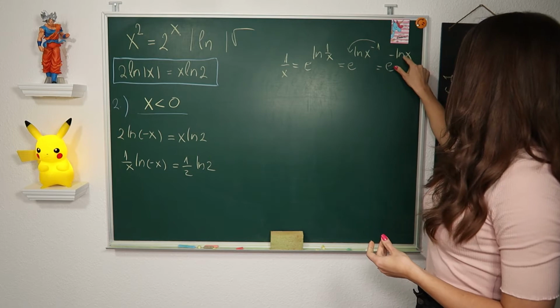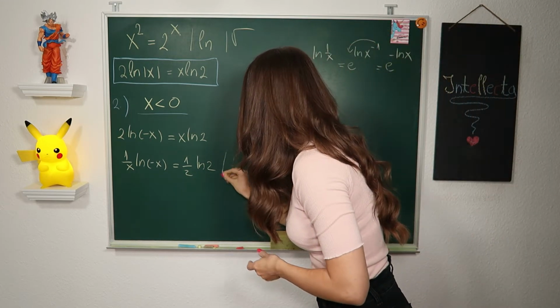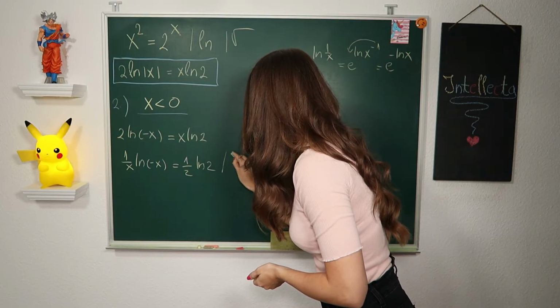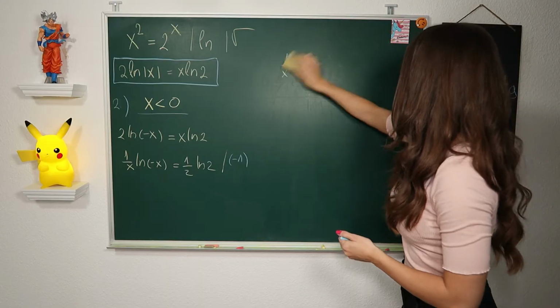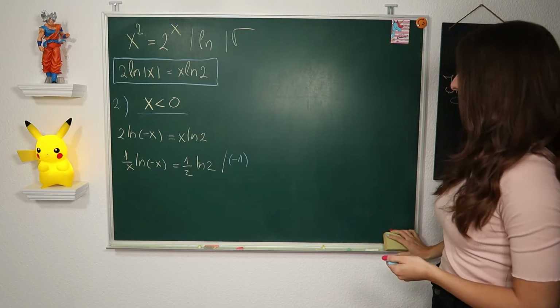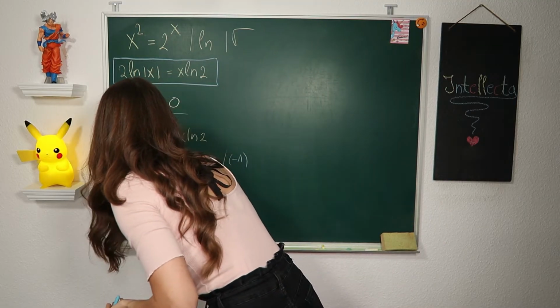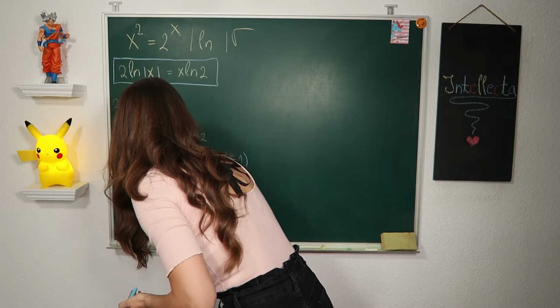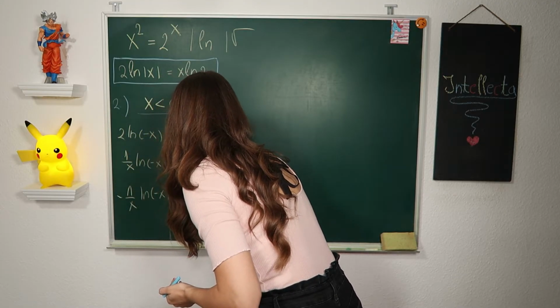But we need negative x here as well. That's why we are going to first multiply both sides by negative 1. And forget about this here. So now what do we have? We have negative 1 over x times ln negative x is equal to 1 over 2 ln 2.